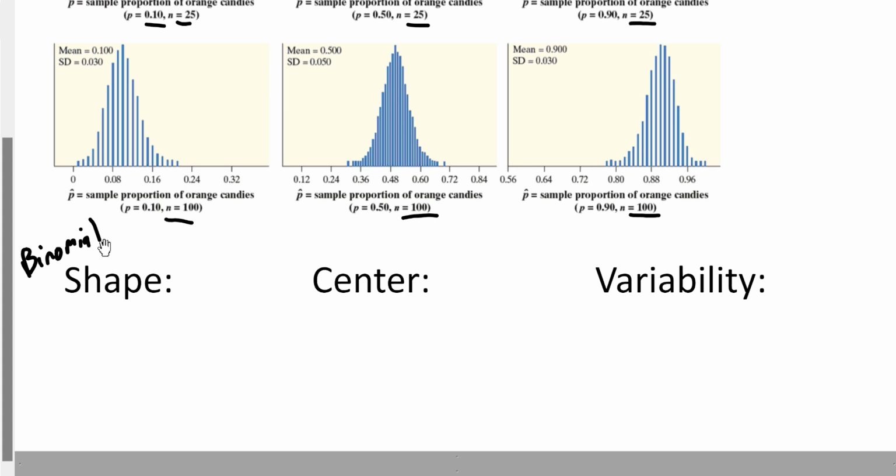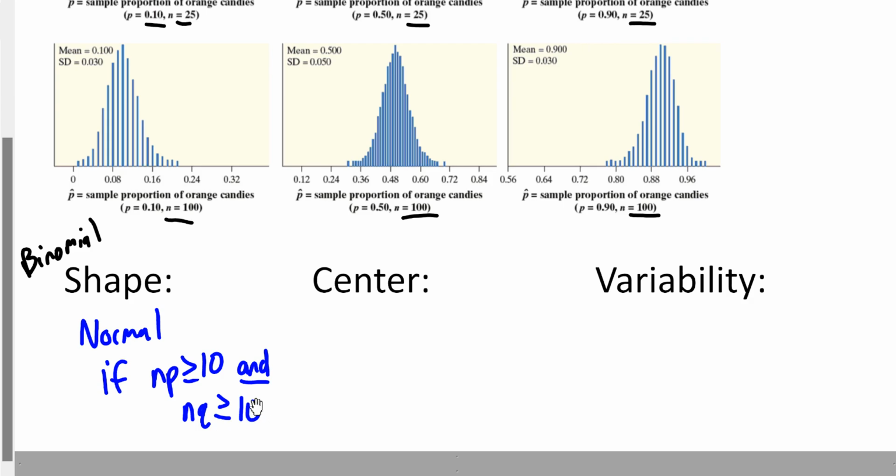Okay? So shape is going to be normal. We talked about that before. If n times p is greater than or equal to 10, and n times q is also greater than or equal to 10. That's something we've already learned.